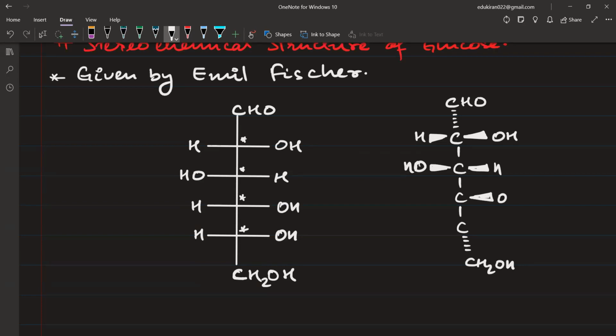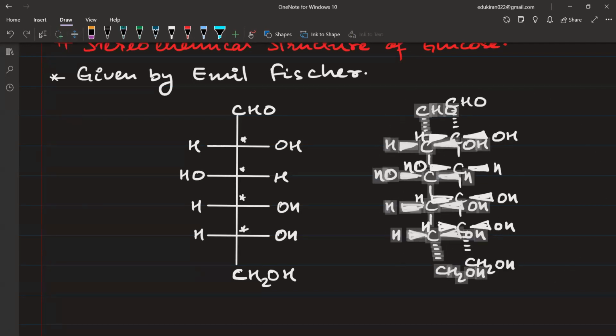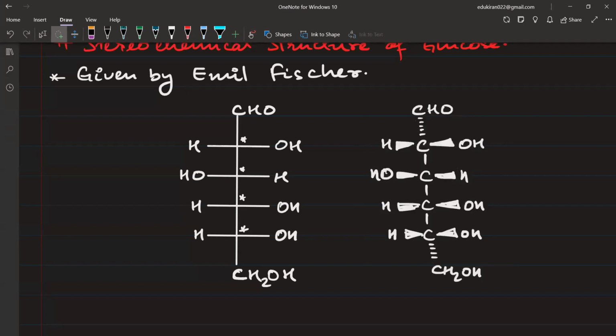This will have the OH on the right side. This will have hydrogen here. Hydrogen here. Okay. Write this down. Both of these are what? Equivalent.